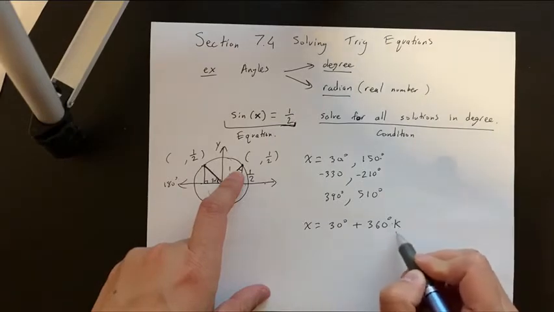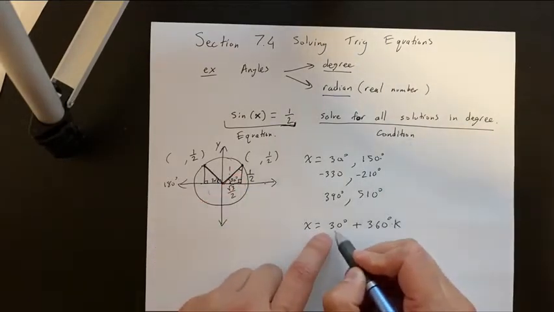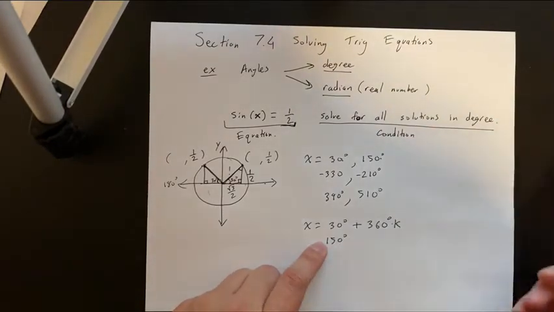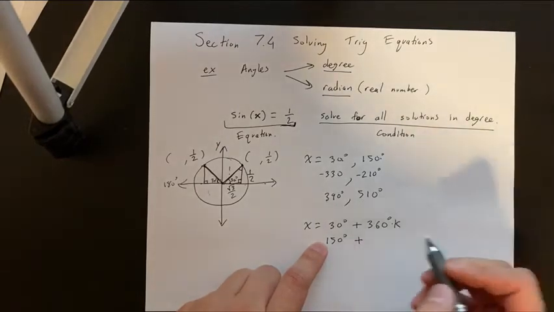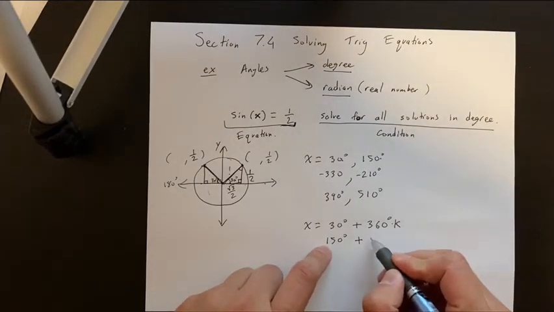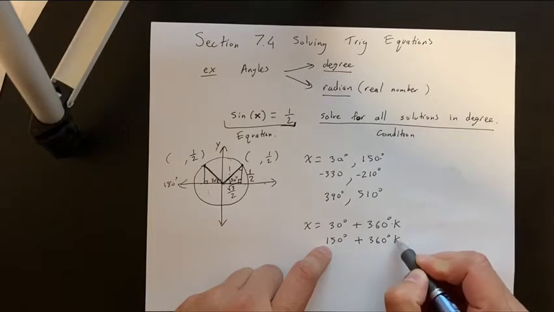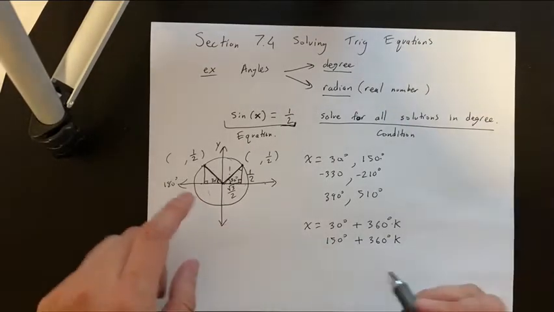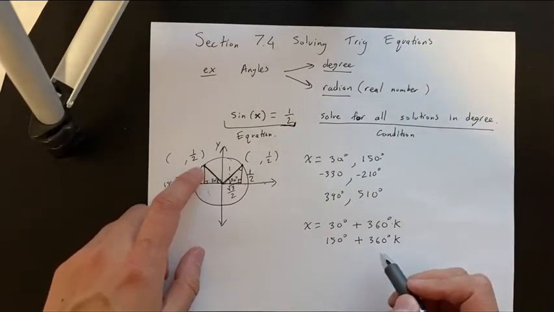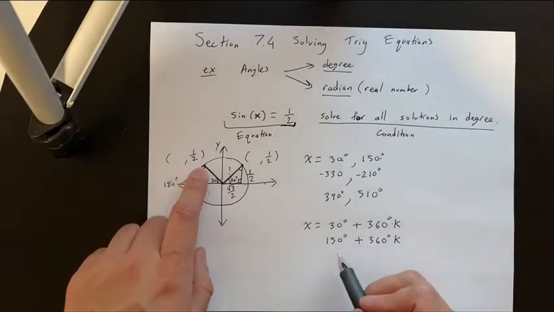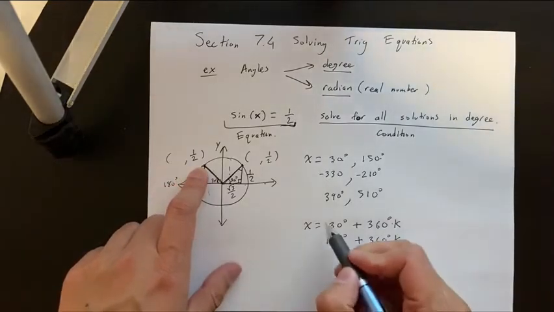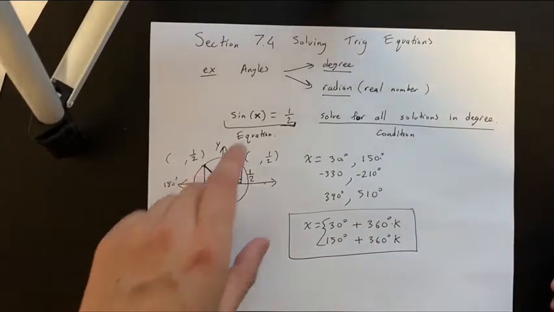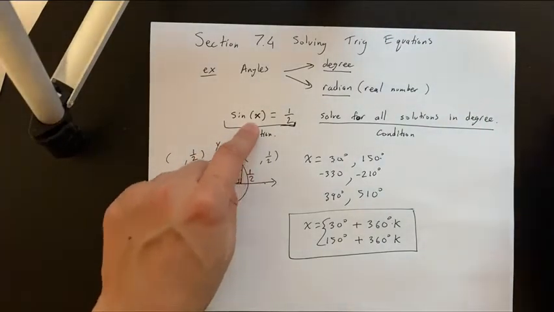That's another way of saying for any multiple of 360 being added on to 30, that's another solution. We'll do the same thing for this 150. 150 is a solution, but I can add or subtract any multiple of 360 to this 150, and that'll give me a coterminal angle to this position at 150. Together, this would give us all the solutions to this very simple trig equation.